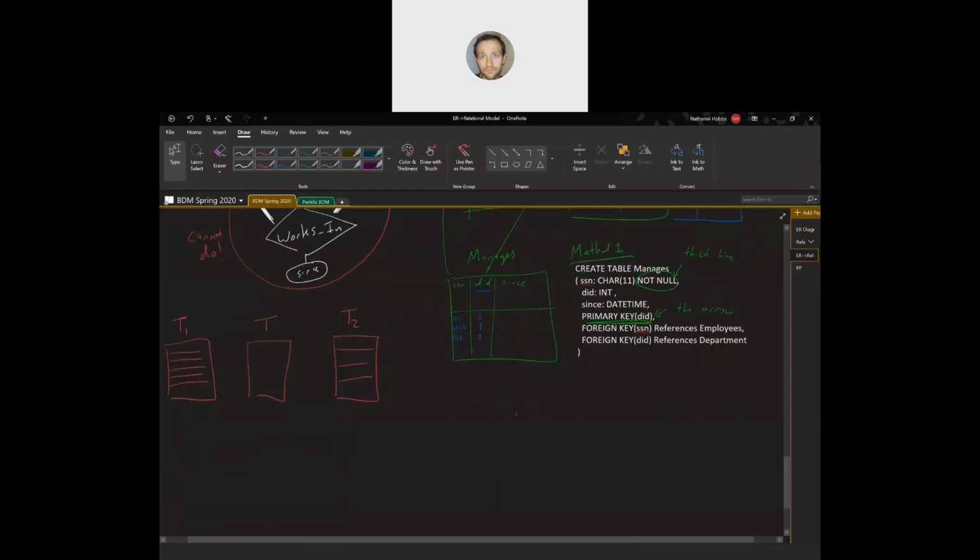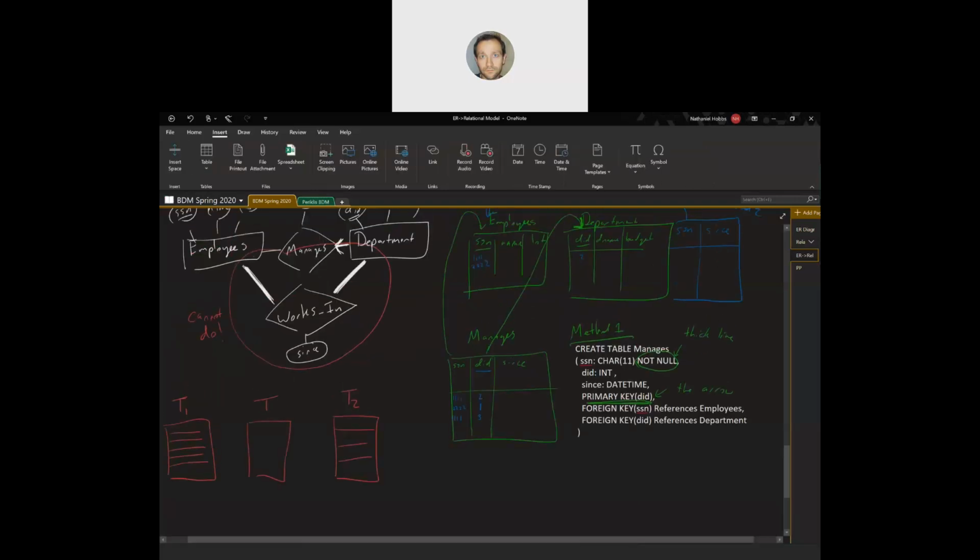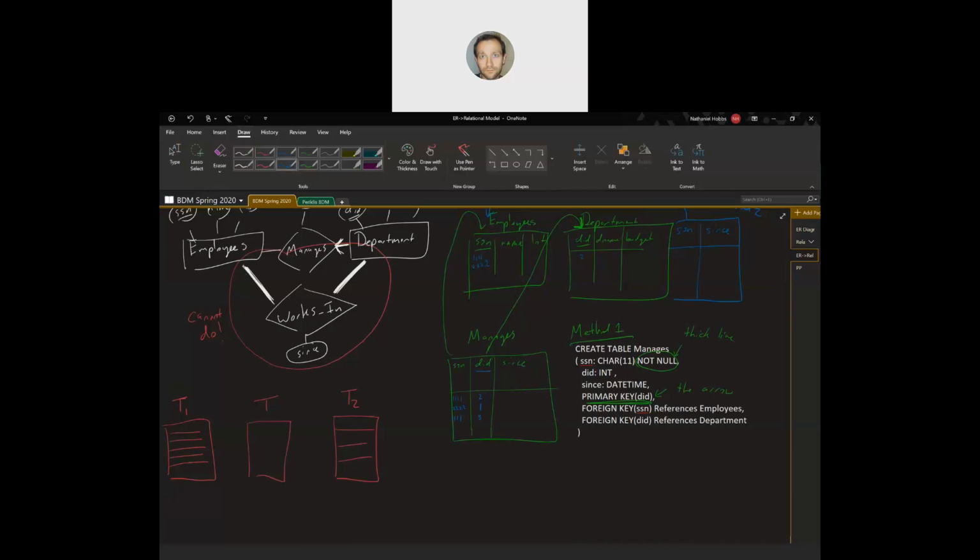So, what this is saying, this thick line here is saying that each employee must work in some department.